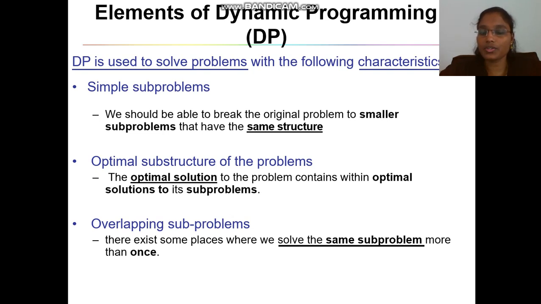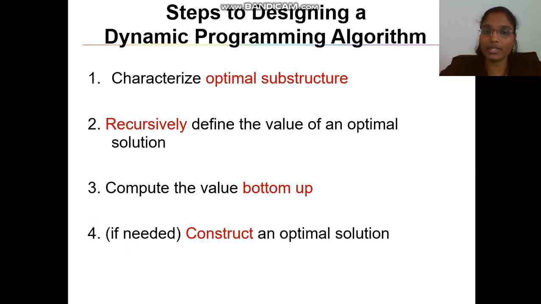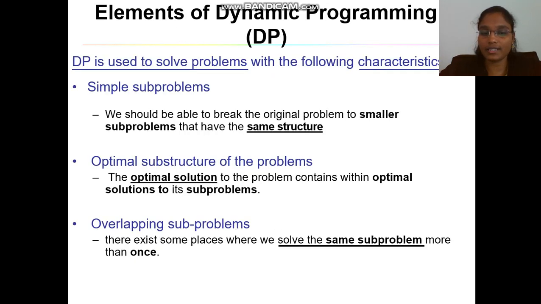So the optimal solution to the problem contains within it optimal solutions to its subproblems. Third, overlapping subproblems. There are places where we solve the same subproblem more than once. We can see this in a particular example, the Fibonacci series. We will see it later.